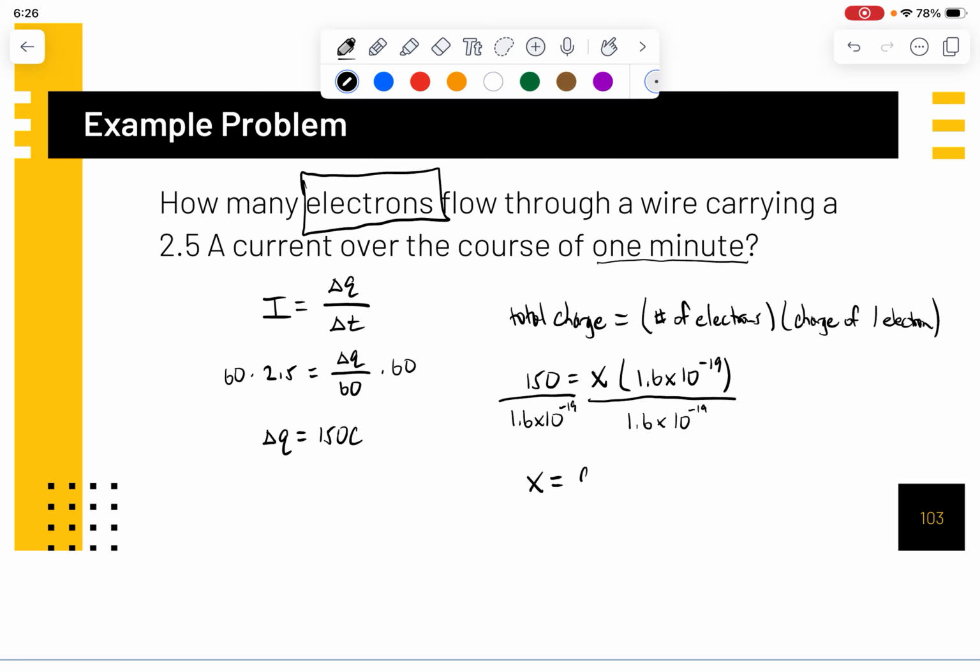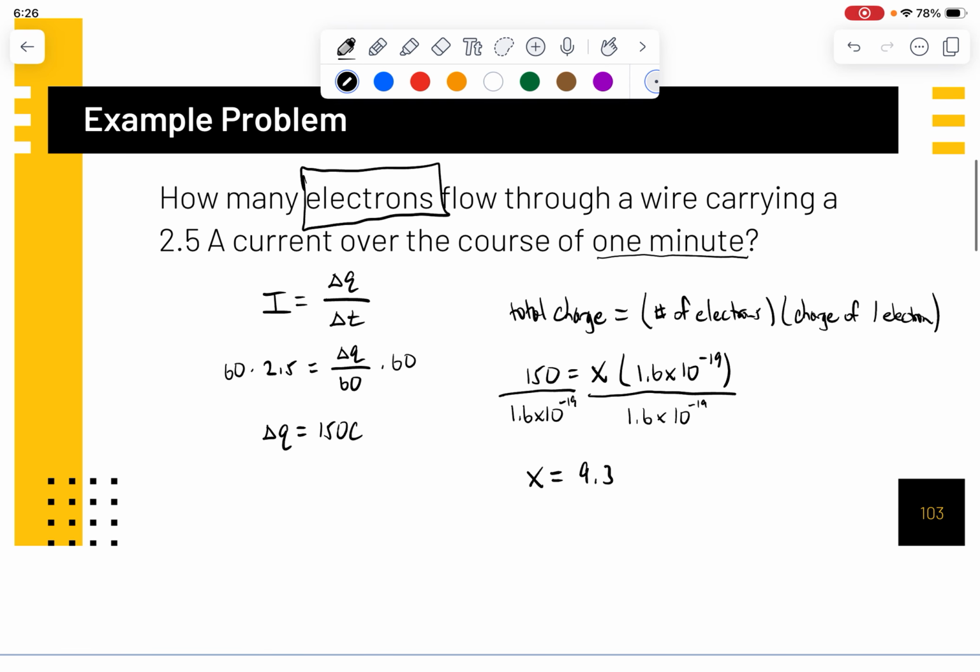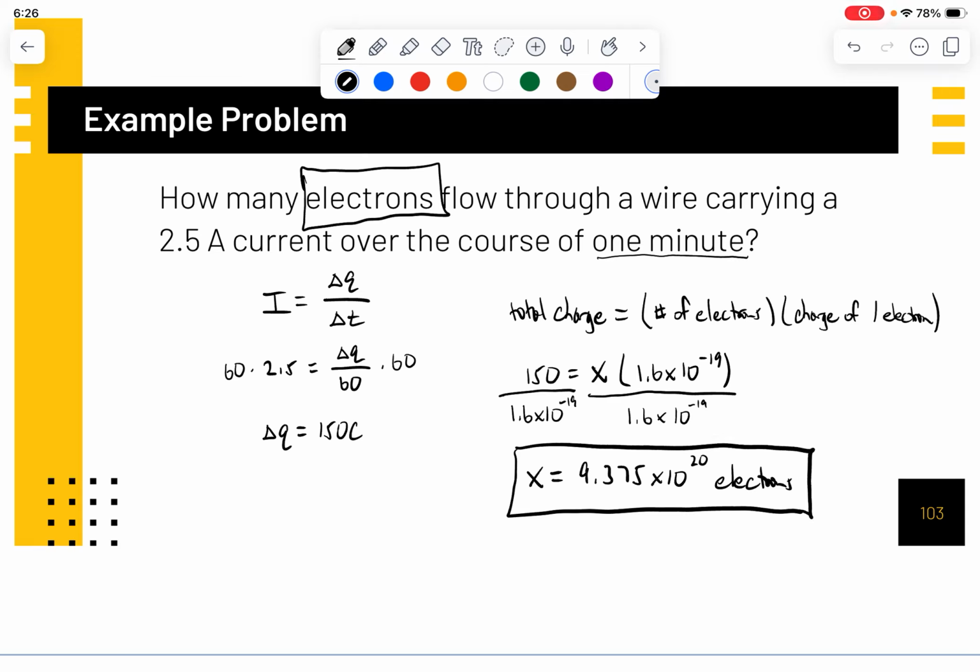We're going to have 9.375 times 10 to the 20th electrons. So this kind of number equates to trillions upon trillions of electrons flowing through this wire in a given minute to get us our 2.5 amps of current.